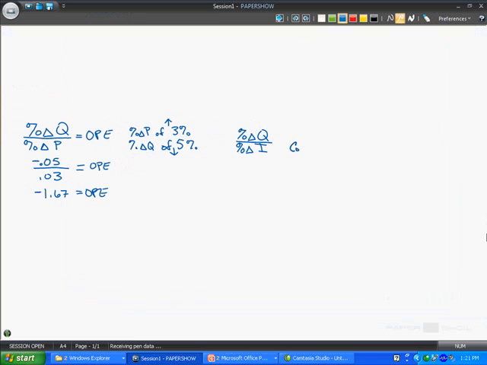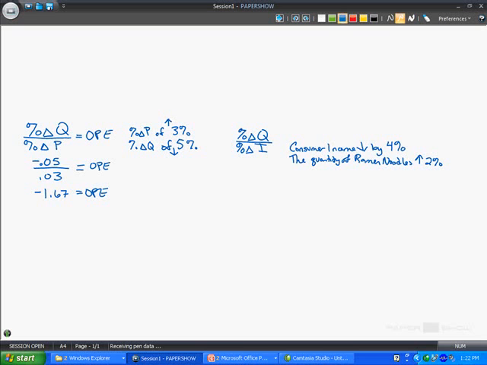If consumer income decreases, say by 4%, we'll say the quantity of ramen increases by 2%. So if consumer income decreases by 4%, the quantity of ramen noodles increases by 2%.